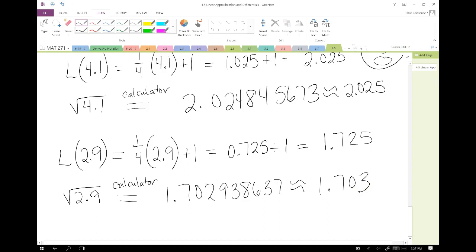It's pretty close. We've got the ones position correct, the tenths position correct. Our hundredths position is off. We're off by 2 hundredths. But that's because we just moved quite a bit further away from 4 than we did on the last one.